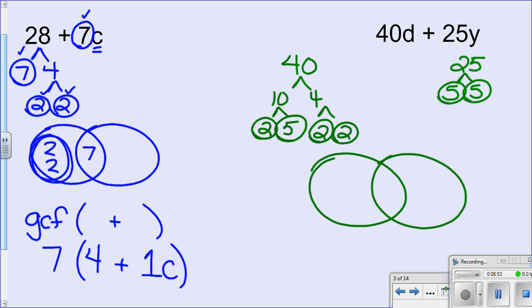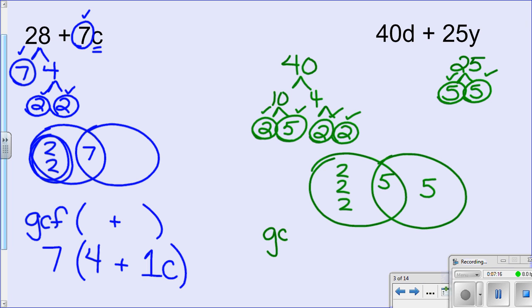Venn diagram. 2 doesn't match with anything, outer ring. 5 matches with 5, inside. 2 doesn't match with anything, outer ring. 2 doesn't match with anything, outer ring. And don't forget to go over and check out that last 5. That does not have a match, and that belongs in the other outer ring.